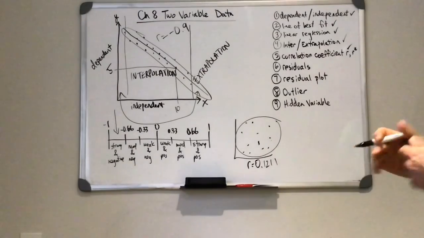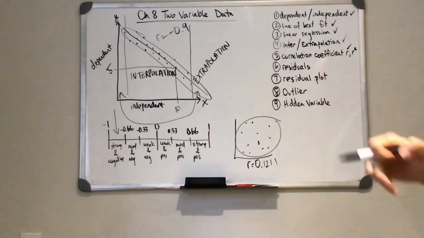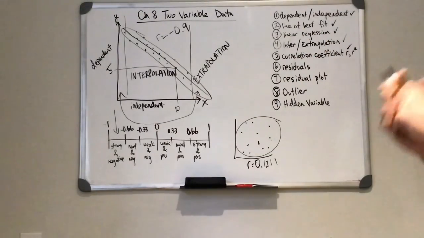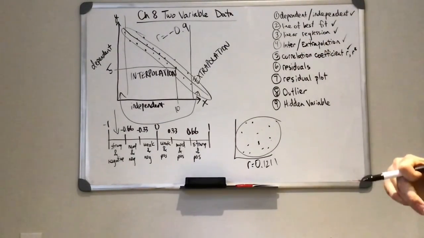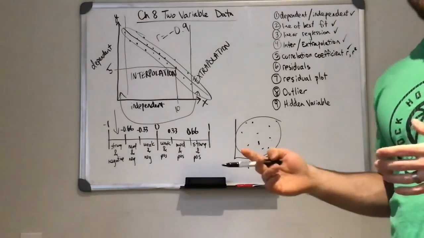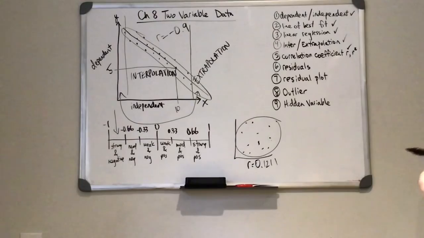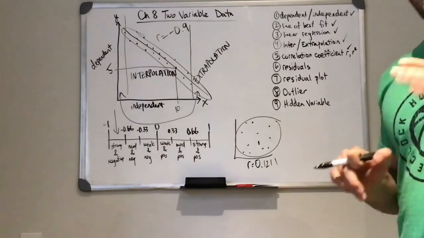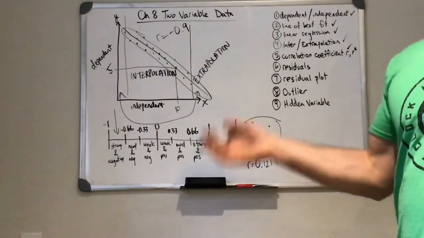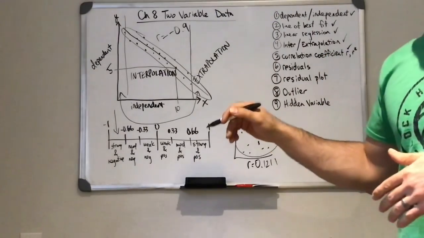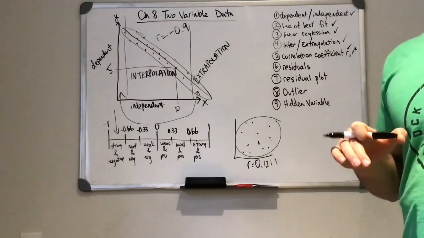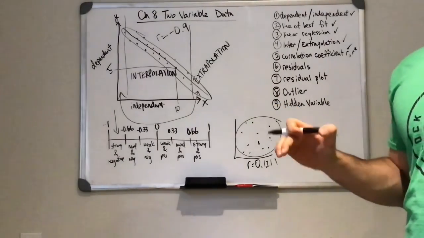A residual. This is something in 8.3. Most of the stuff we've touched on so far is from 8.1. 8.2 is a list of definitions of some different types of relationships between your variables. I'm going to let you read through that. You're going to need to connect your research to those relationships, and that'll all be in the rubric, in our list of what I'm going to expect from you.